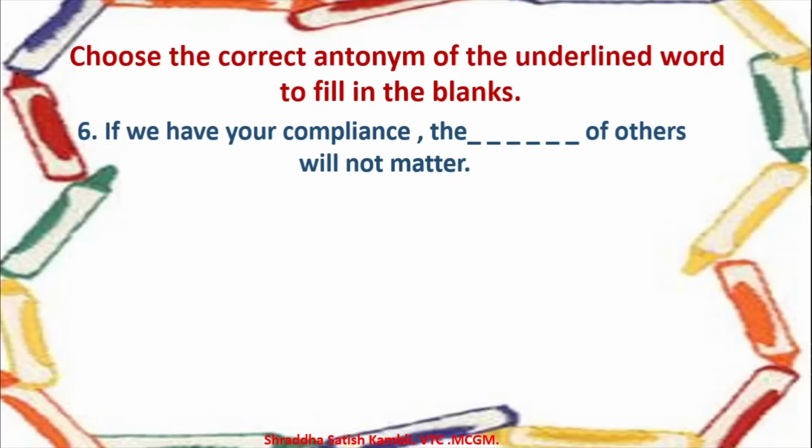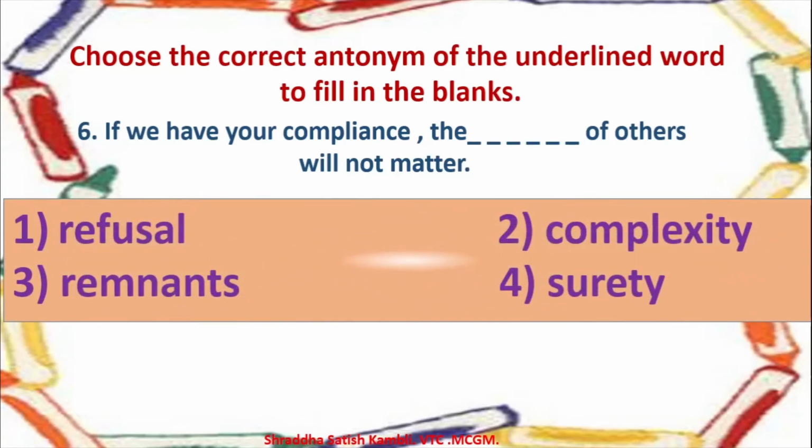If we have your compliance, the dash of others will not matter. So here, if we have your compliance, then the dash of others will not matter. So what is the opposite of the word compliance? We have to find out here.